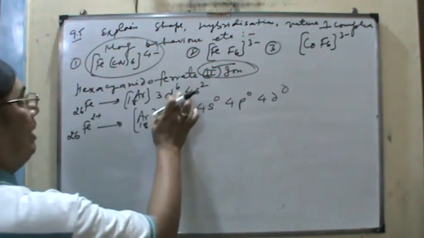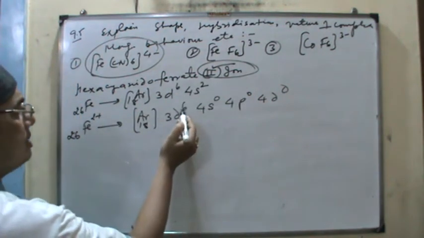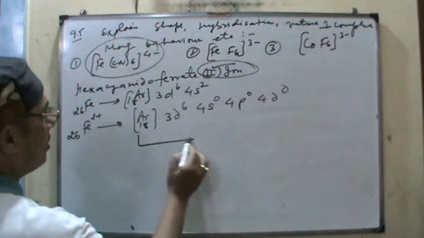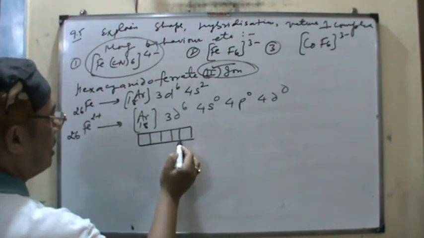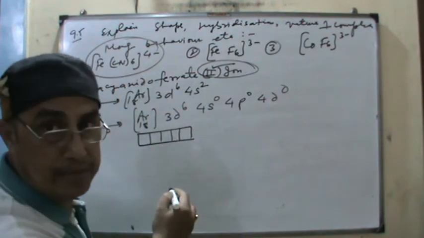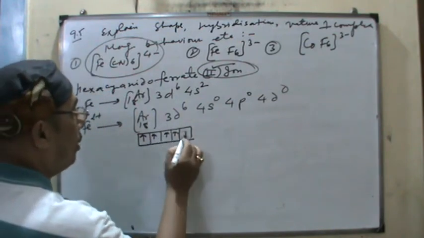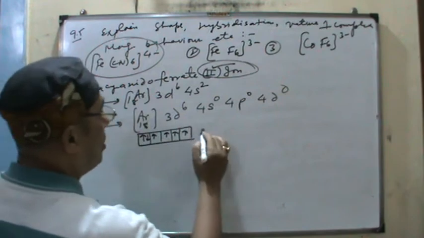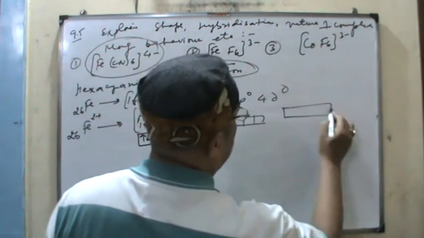So dear students, you write here 3d6. The d subshell has 5 orbitals: 1, 2, 3, 4 and 5. Apply Hund's rule of maximum multiplicity, which you did in 11th class. So first you write 1, 1, 1, 1 and 1, and then this is the 6th. 4s is vacant, 4p is vacant and 4d is vacant.